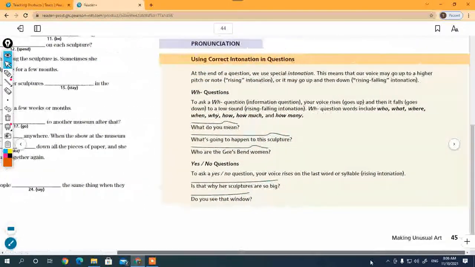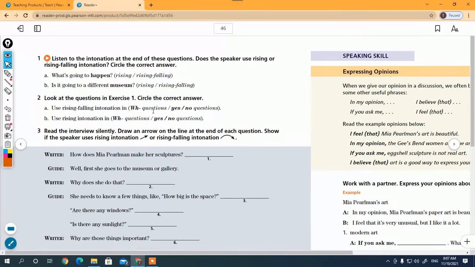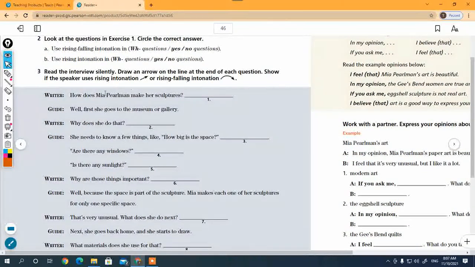And here there's an activity where we learn the different types of intonation for questions. And this is very interesting. It starts here and then it goes to that was page 45, and here's page 46.